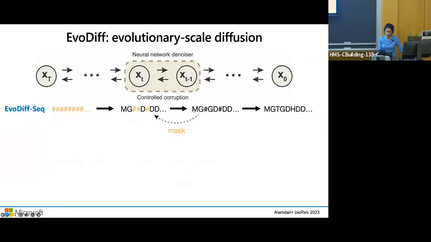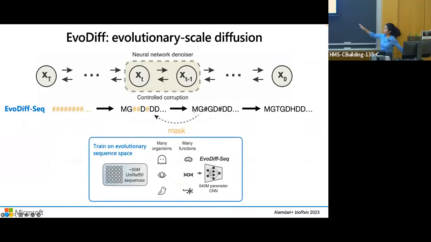To the question specifically about the underlying neural network architecture, in our case, we have a convolution-based architecture that's based on a ByteNet style. If you're familiar with the paper CARP, which is led by my colleague Kevin Yang, who's also on this paper, we adopt a similar architecture for the neural network that's actually learned to build our EvoDiff model.